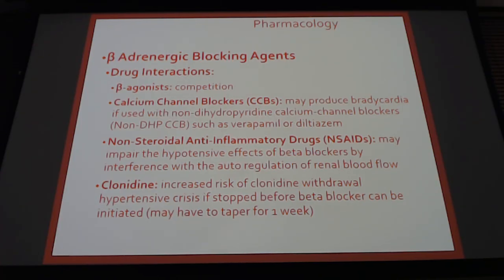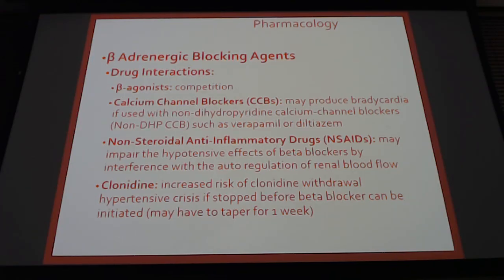This is another controversial thing, because why wouldn't it be? When we're looking at this, you could potentially cause a hypertensive crisis in a patient if you stop your clonidine before the beta blocker, and this just has to do with the way that both of these medications work, right?